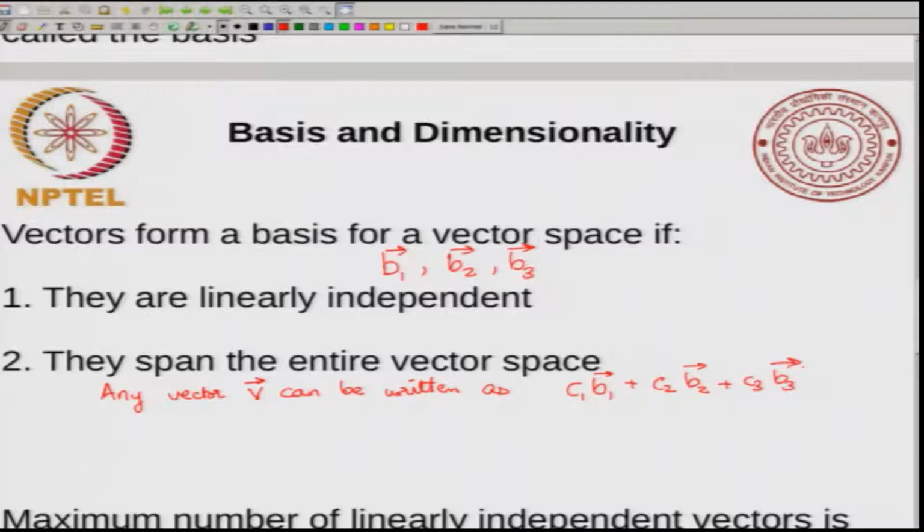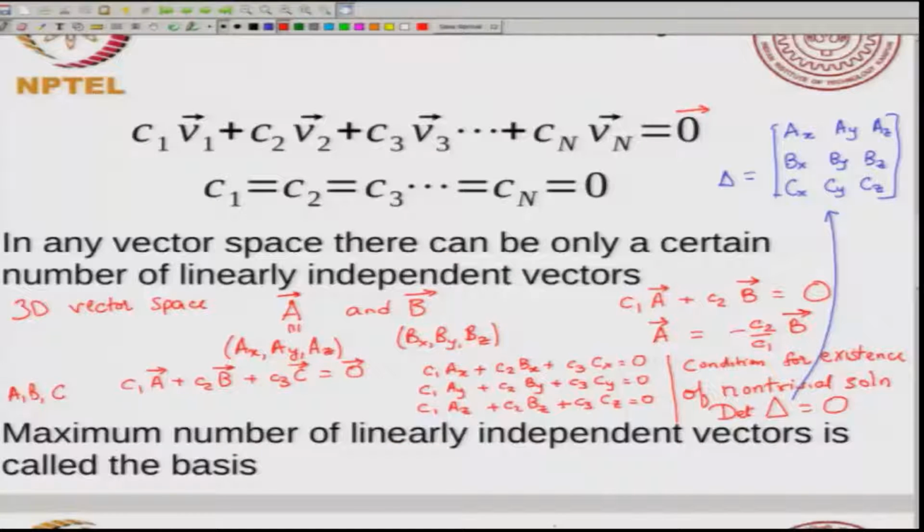So, in 3-dimensional vector space, one example is i, j, k, the unit vectors in the x, y and z directions. These form a basis because they are linearly independent. You can show this, for example, if you take the determinant of the components, this delta that we talked about. So, for i, Ax is 1, Ay and Az are 0; for j, Bx is 0, By is 1, Bz is 0; and for k, Cx equal to 0, Cy equal to 0, Cz equal to 1.